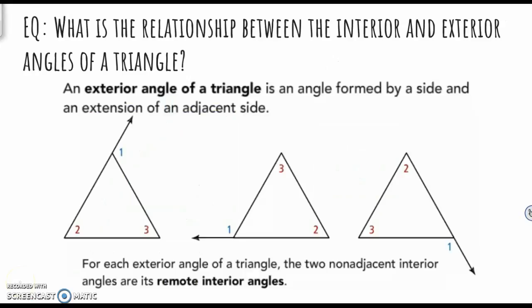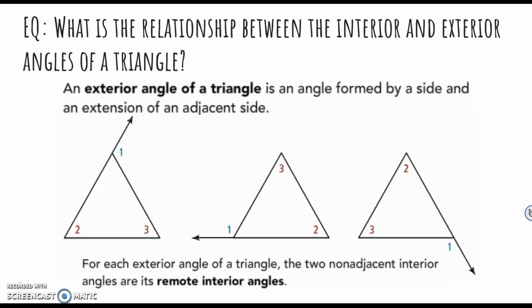So what is the relationship between the interior and exterior angles of a triangle? An exterior angle of a triangle is an angle formed by a side and an extension of an adjacent side. For each exterior angle of a triangle, the two non-adjacent interior angles are its remote interior angles.